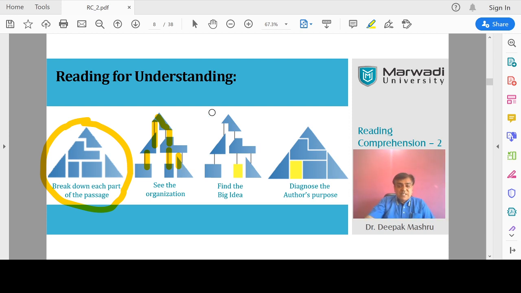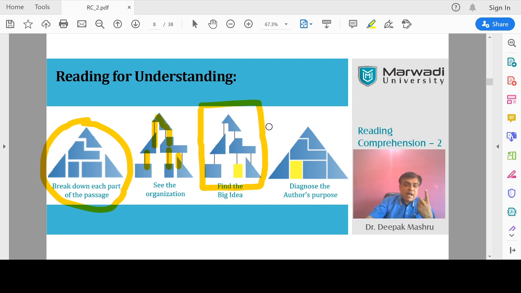Now, the next portion is finding the big idea. Finding the big idea means what? That means every paragraph has a purpose. Every writer has a purpose. We write for a purpose, so we read for a purpose. So while reading for a purpose, we find out what the big idea is, what is the reason why the author has written so much.